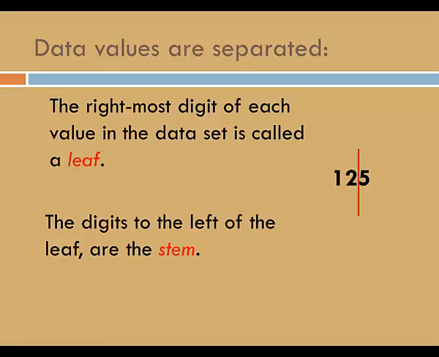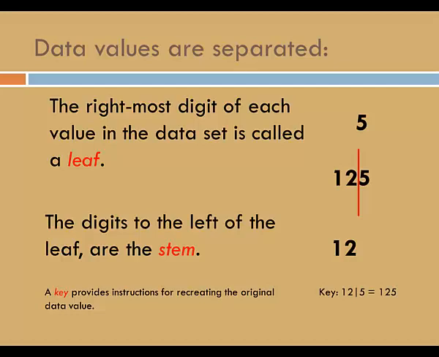That'll be our leaf. The remaining digits are 1 and 2, and that will be our stem. A key provides instructions for recreating the original data value. In this case, the key would be 12 with a dashed line, then 5, and it tells us that that's equal to 125.